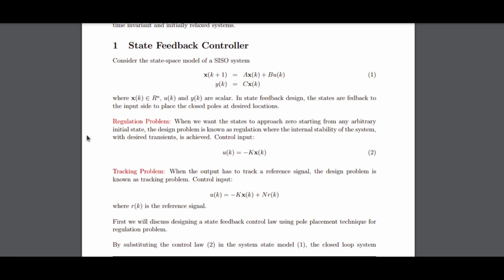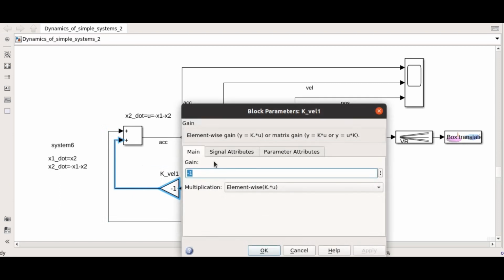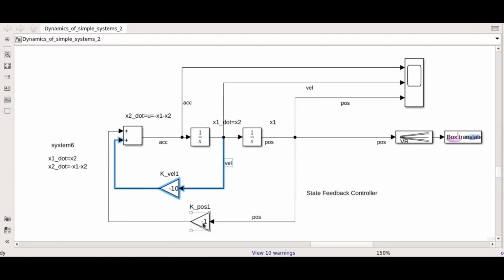If you take a look at the Simulink model, by varying the variables k position 1 and k velocity 1, we can vary the performance parameters of this controller design. By performance parameter, I mean how fast you are going to reach your objective and many more.